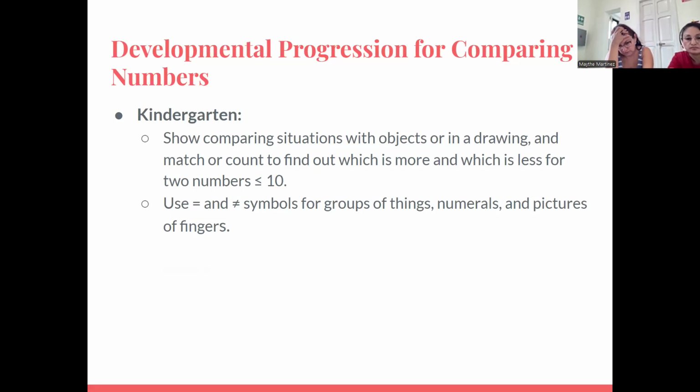When you're working with kindergarteners, it's important again to start with the concrete experiences and then move on to drawing. For example, I can say, I gave my tip 4 cards on Monday, and on Tuesday I gave her 6 cards. Which day did I give her more cards? On Tuesday I gave her more cards, right? Because 6 is more than 4.